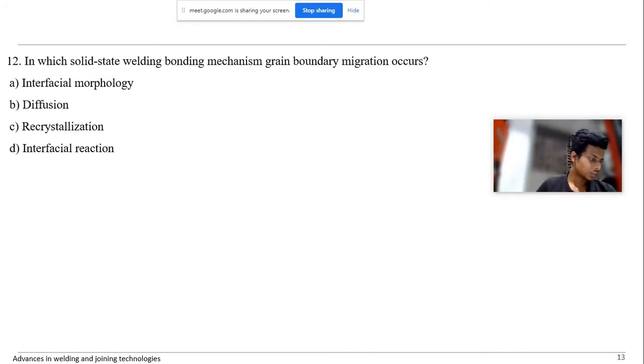So we were in, right? Yeah. As explained by Sir, grain boundary migration occurs in recrystallization. This diffusion is thermally driven. Interfacial means between the surfaces, reactions. Because of those things, this A and B will be there. So B is the answer.